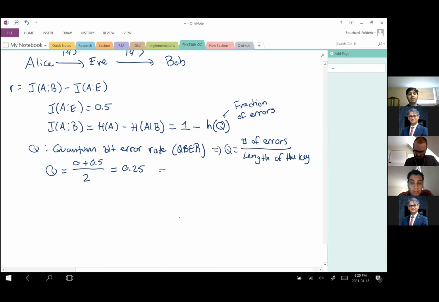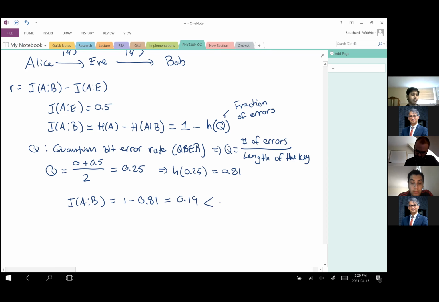And if you calculate the Shannon entropy of 25%, that's something around 0.81. So IAB will be equal to 1 minus 0.81, which is 0.19.